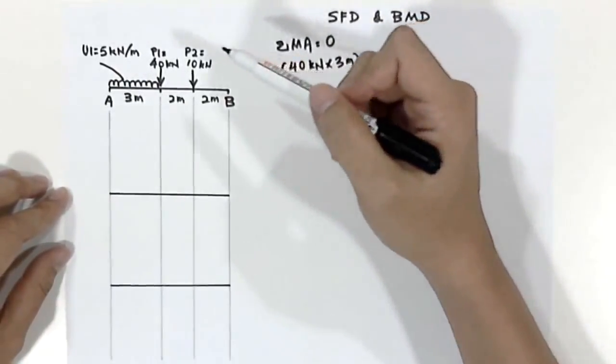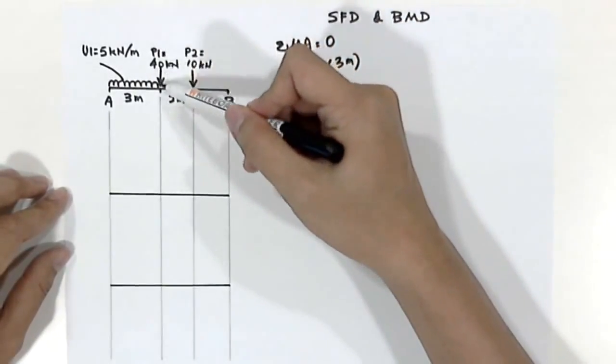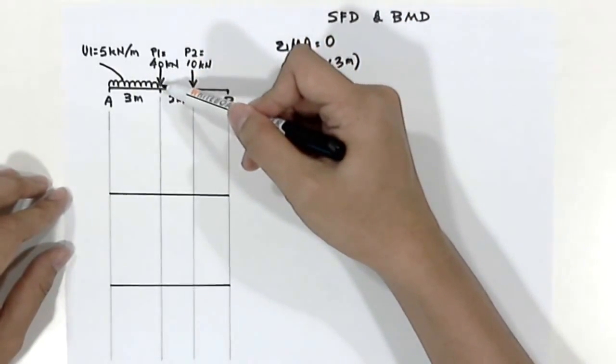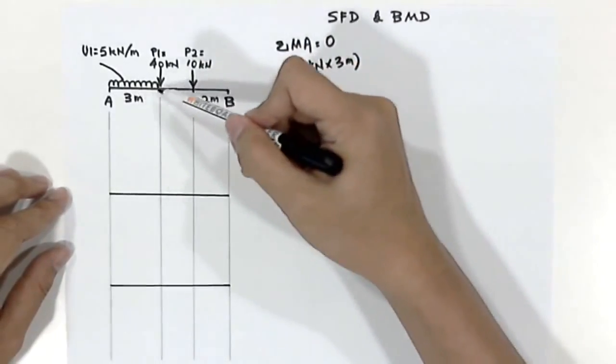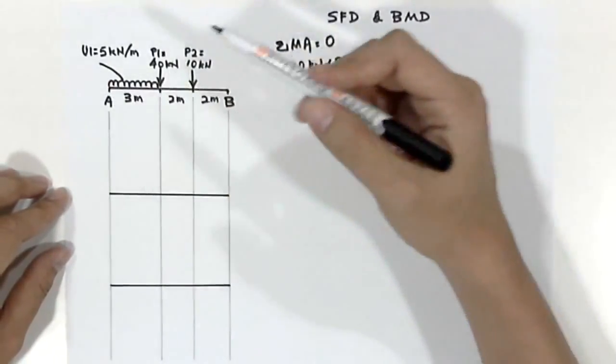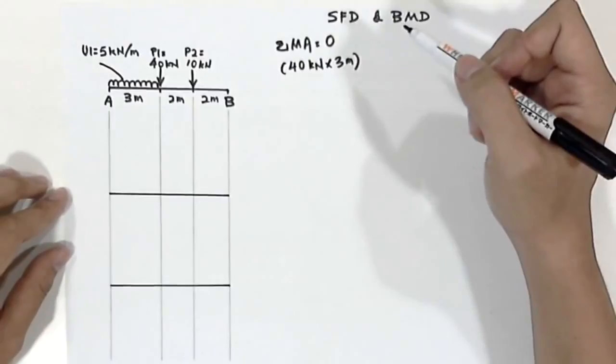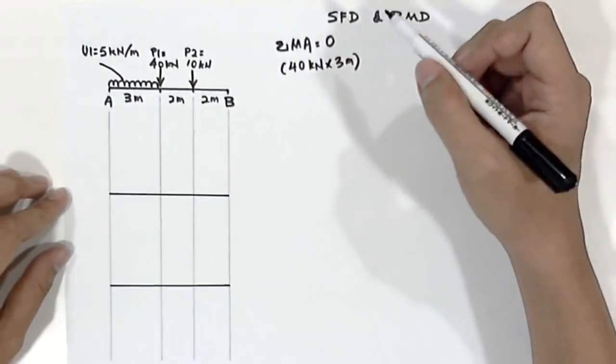This is because you have to calculate the load times the distance from point A, because we are using point A as our point of reference.